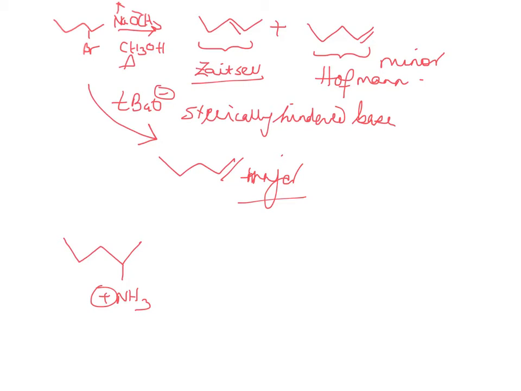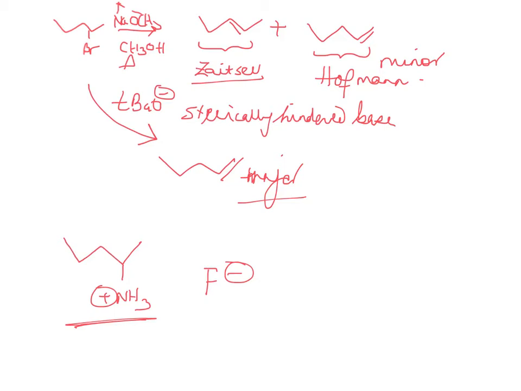So usually, to be on the safe side, one can say ammonium specifically, and then F negative. If those are your leaving groups, it's going to go through a Hoffman elimination rather than the Zaitsev elimination. So just keep that in mind as an exception.